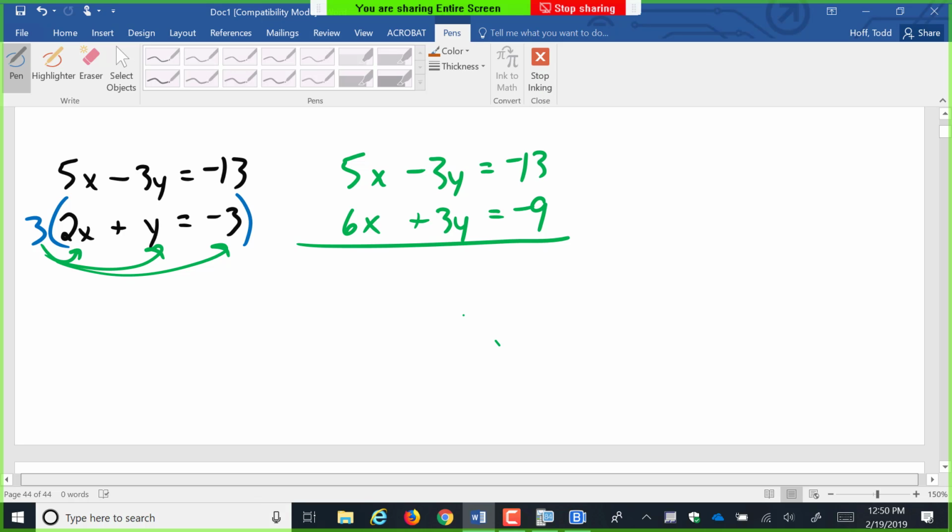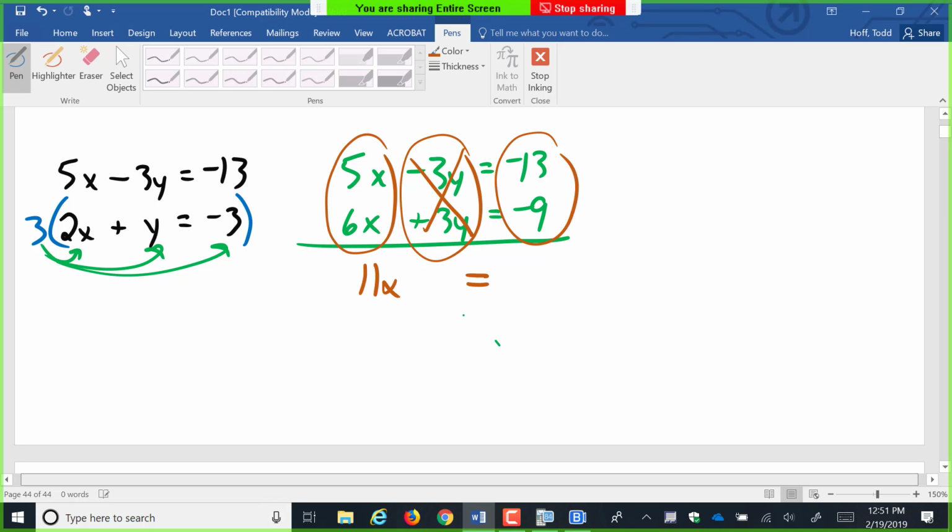They're going to be eliminated. So now we'll add: 5x and 6x make 11x. Negative 3y and positive 3y cancel out, make 0. Perfect. Equals, what's negative 13 and negative 9? Negative 22. What's our next step?